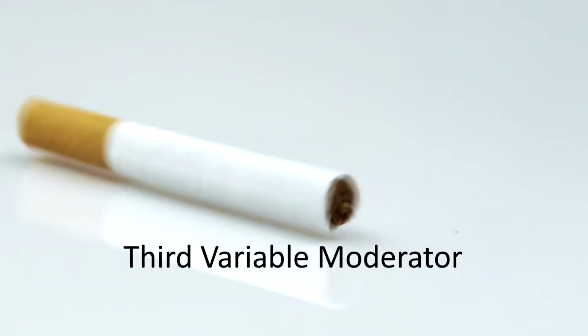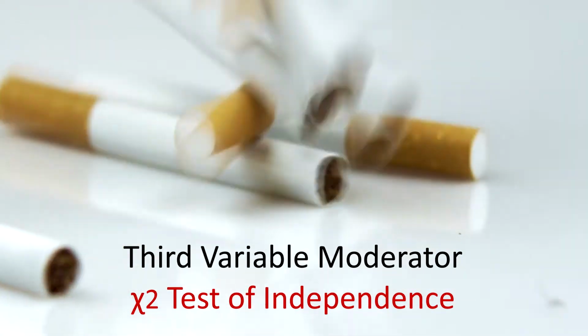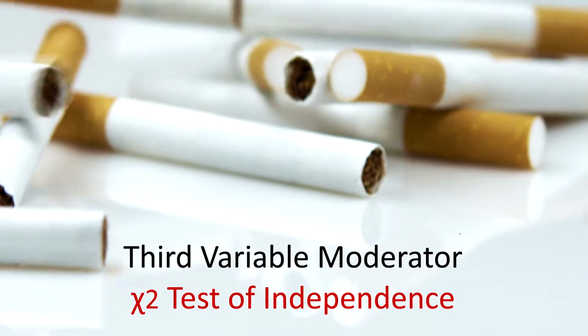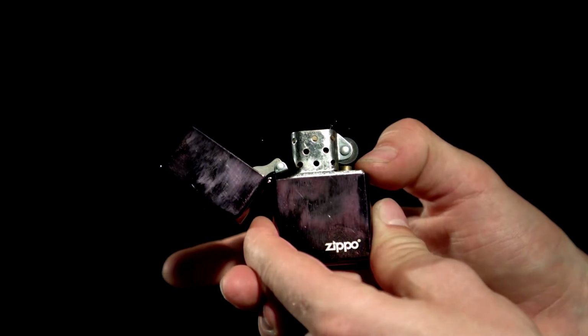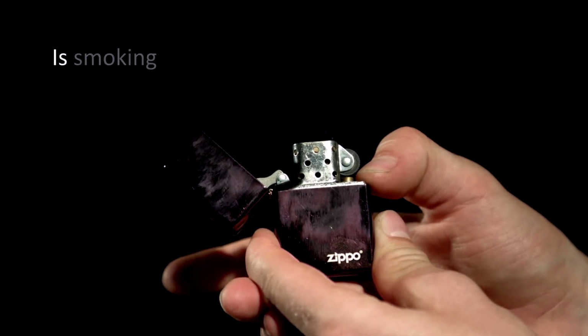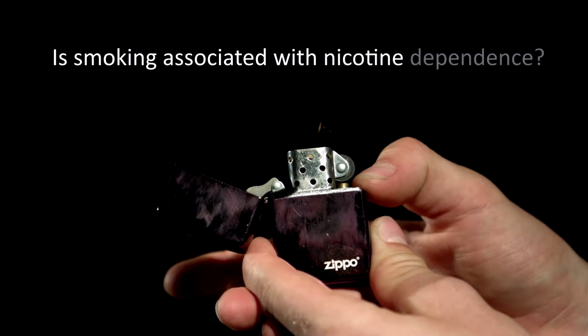Now, let's evaluate third variables as potential moderators in the context of chi-square tests of independence. For this, we're going to return to our original SAS program using the NESARC data and asking the question, is smoking associated with nicotine dependence?